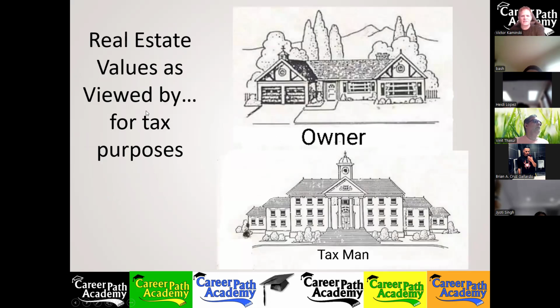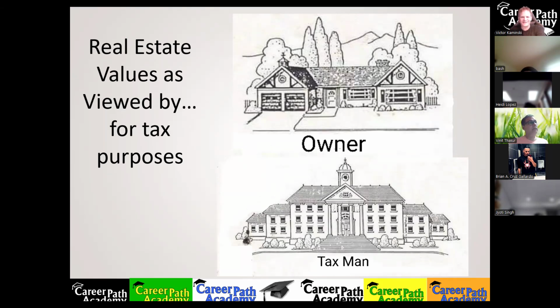Okay, here are the real estate values viewed for taxation purposes by the owner and by the tax man, right? We have two clearly different views here.